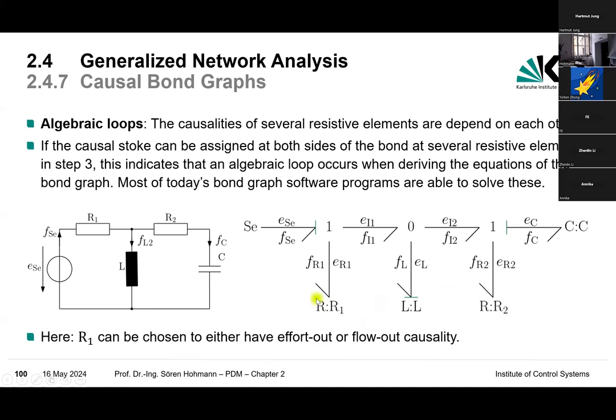And vice versa, if you choose R1 differently, you have to choose R2 differently, exactly according to R1. So you can put R1 effort in or flow out causality, it depends on you. You have dependencies between these.